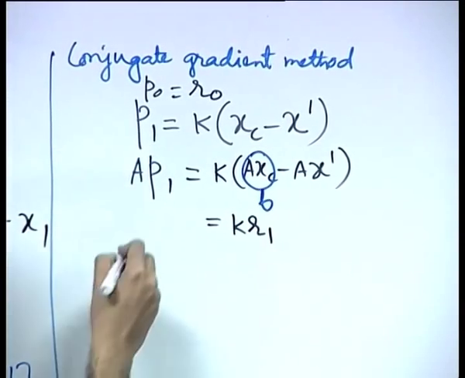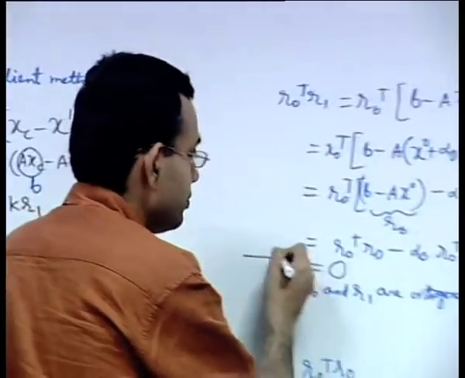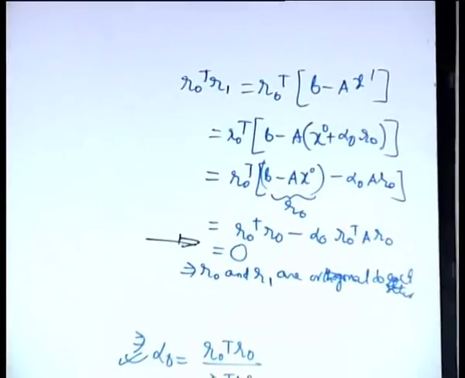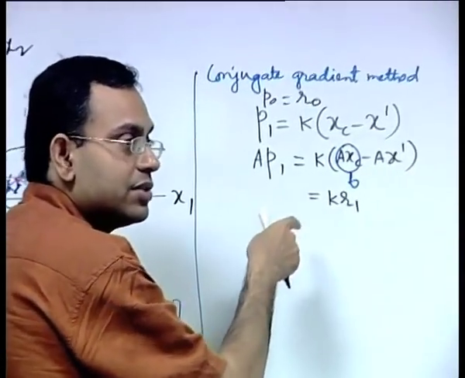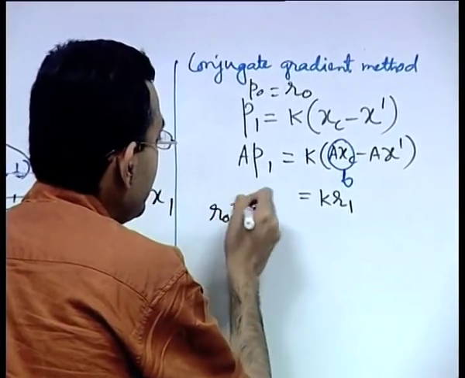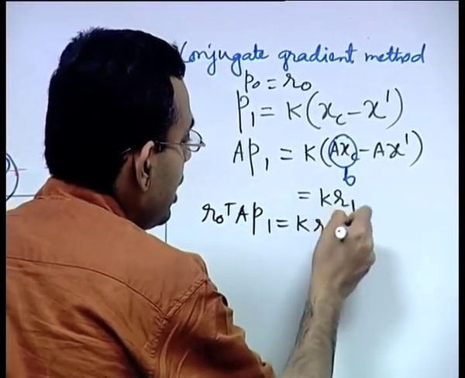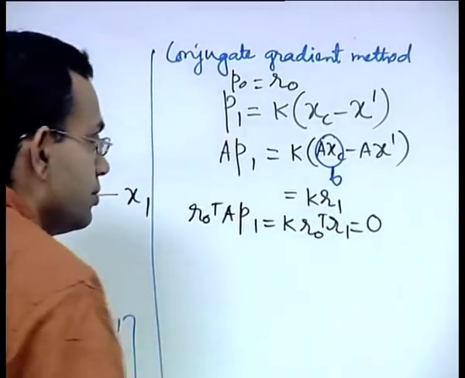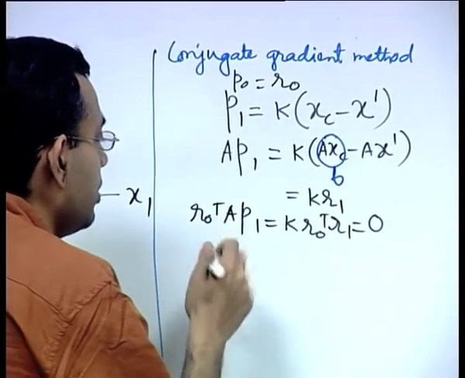You know that r0 transpose r1 is equal to 0, which we have just proved. So if you multiply both sides by r0 transpose, then it will become 0. So r0 transpose A p1 is equal to k r0 transpose r1, which is equal to 0, and r0 is nothing but equal to p0.